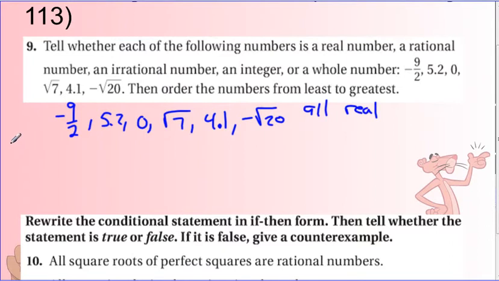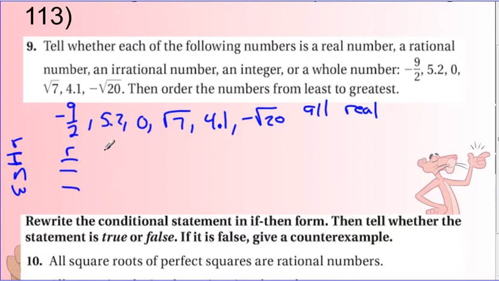We're going to use R for rational, I for irrational, N for integer, and W for whole number. So this negative 9 over 2 is rational because you can write it as a fraction. It is not irrational. It is not an integer because you can't have fractions, and it's not a whole number. So it's real and it's rational.